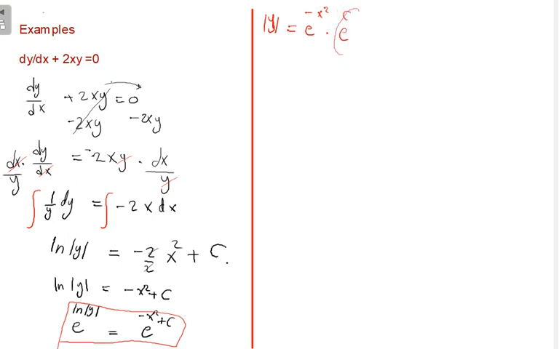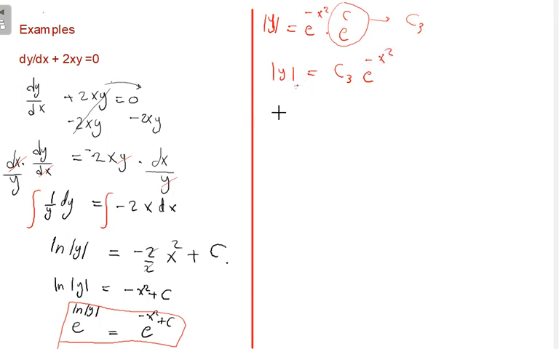Now exponential of c is a constant too, so let's call it c3, for example. So the absolute value of y equals c3 multiplied by the exponential of minus x squared.